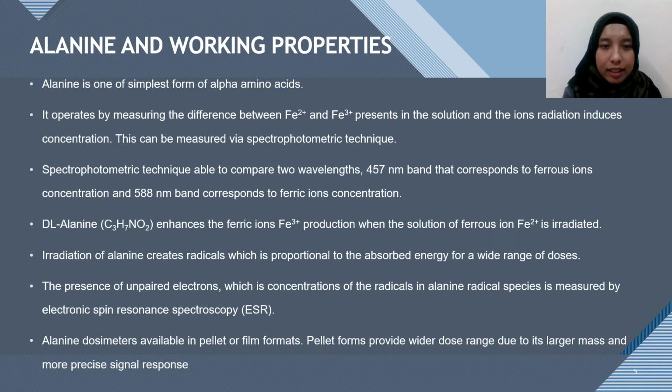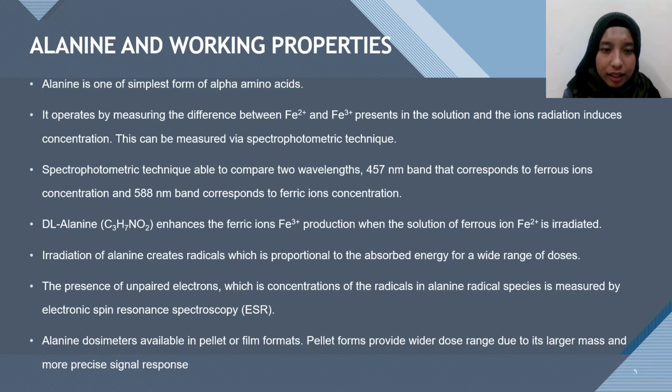This technique enables us to compare two wavelengths that correspond to ferrous ions and ferric ions. Wavelength of ferrous ion is 557 nanometers, while wavelength of ferric ion is 588 nanometers.